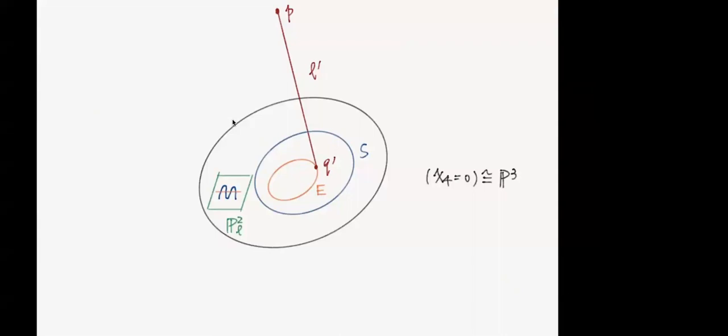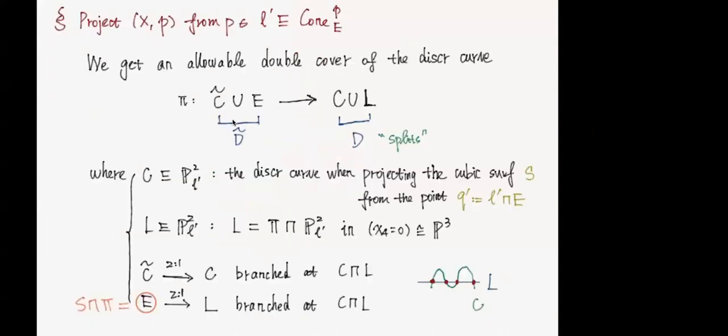By some classical algebraic geometry, if you project a cubic surface from a point, you get a double cover of P2 branched along some quartic curve. But of course, you need to do a blow-down to get the cubic surface back. Anyway, we get this quartic kind of naturally.